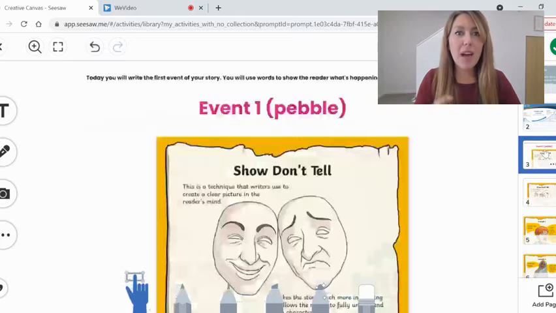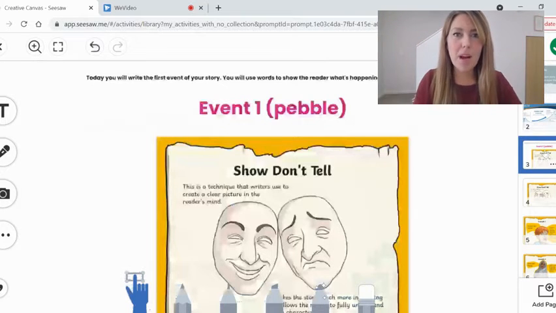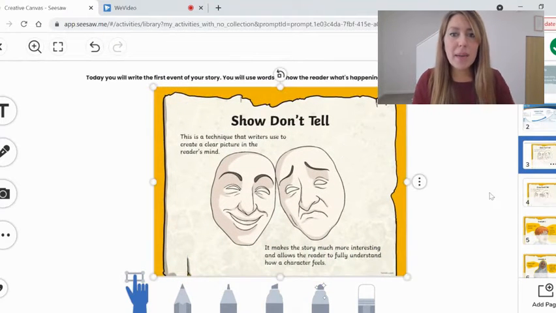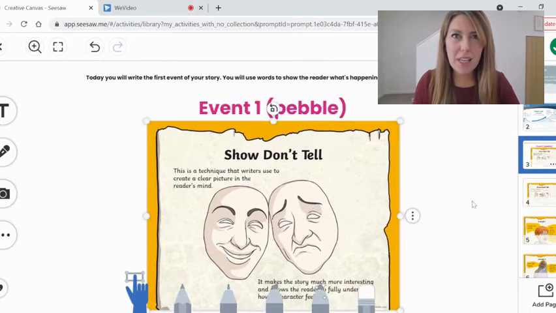Now, as we come to write our event one, our pebble today, I want to remind you about a technique that writers use to help create a really clear picture in the reader's mind. It's called show, don't tell. So it makes the story much more interesting and allows the reader to really understand what the character feels. It helps us to add more detail and more length to our events.